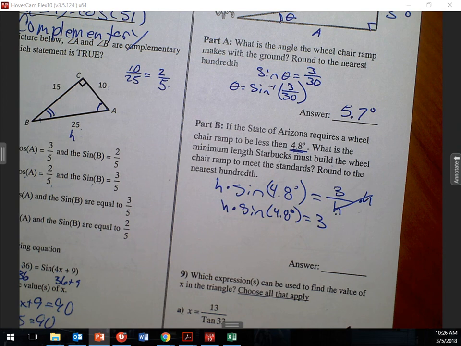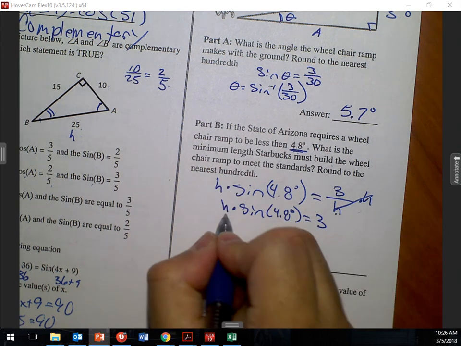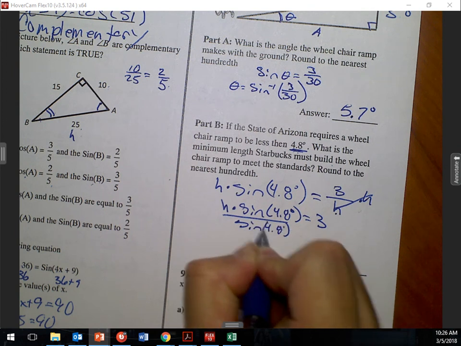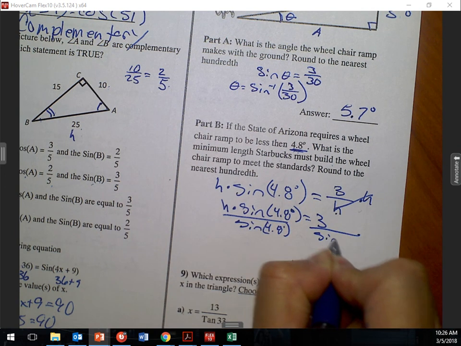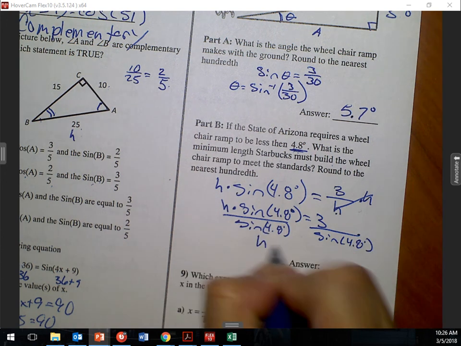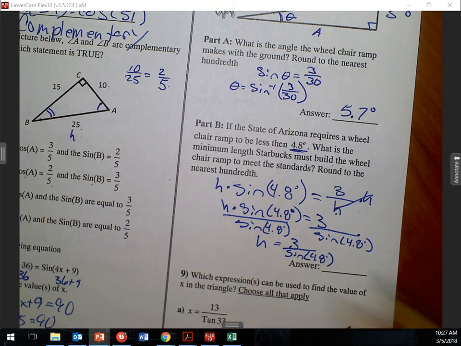Divide by sine of 4.8, right? Yeah, very good. So h equals 3 divided by sine 4.8 degrees.